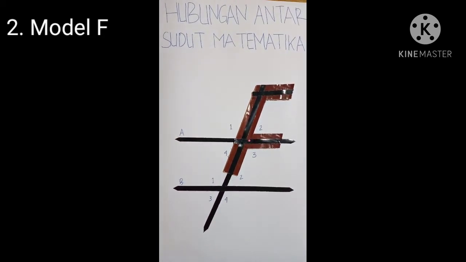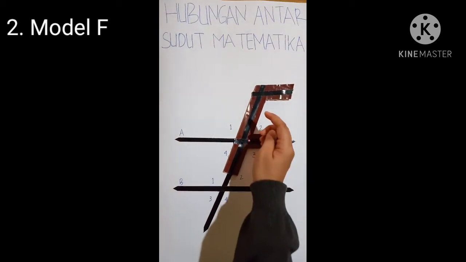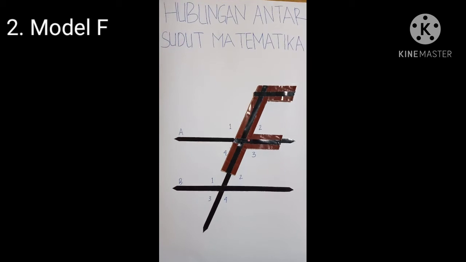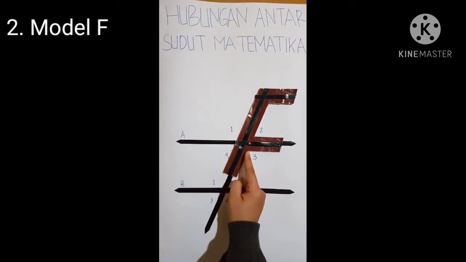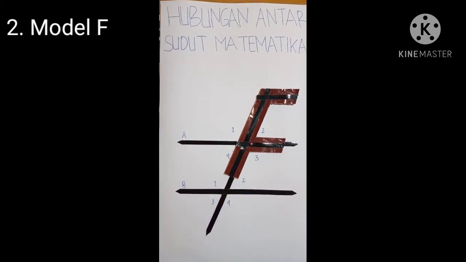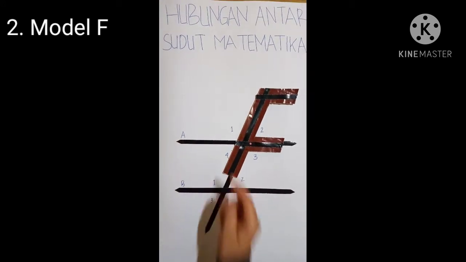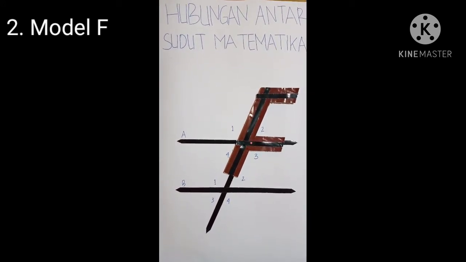The angle occupied by angle A3 above is now occupied by angle B3 below. The angle occupied by angle A4 above is now occupied by angle B4 below. Then, we can conclude that the facing angles have the same size.